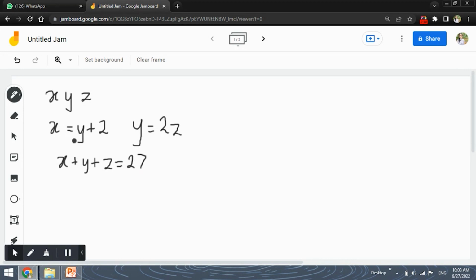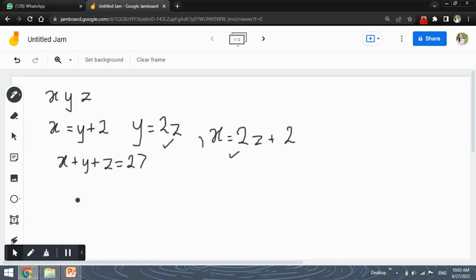Now as you see, we have these equations. First, let's substitute y equals 2z in x, so our x will be 2z plus 2. Similarly, we have two equations in terms of z, so we will substitute them in our final equation.